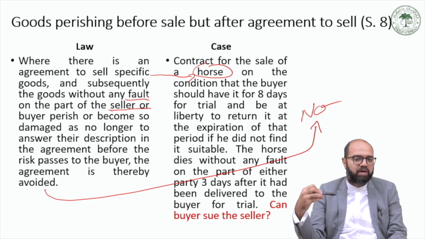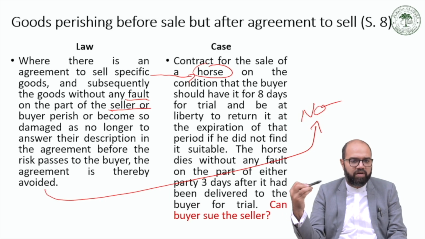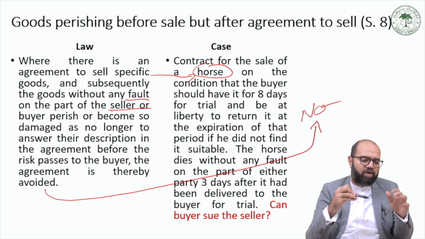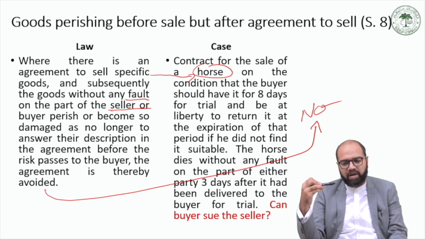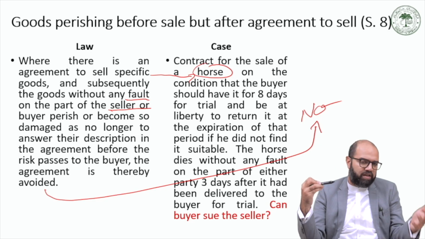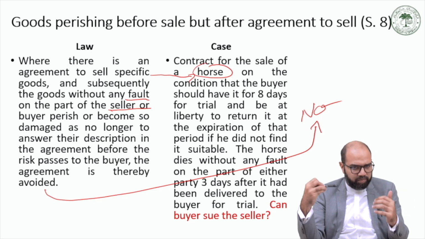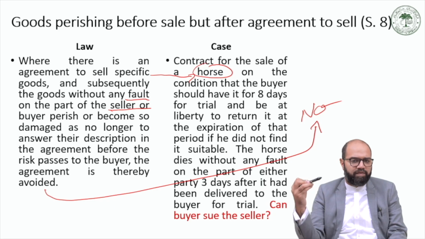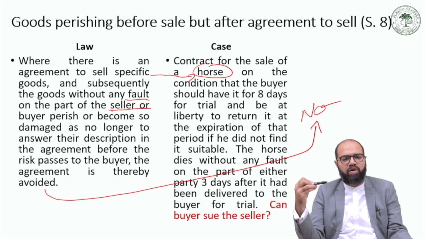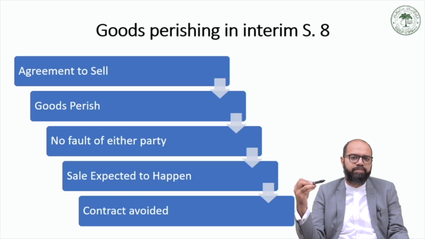So here the horse has died without any fault on the part of either of the parties, and the risk has not passed, meaning thereby the horse has not become the property or under the ownership of the buyer. He only has possession of it, so he can return the possession after a period of 8 days. So here the benefit of Section 8 would be accorded to both the parties.